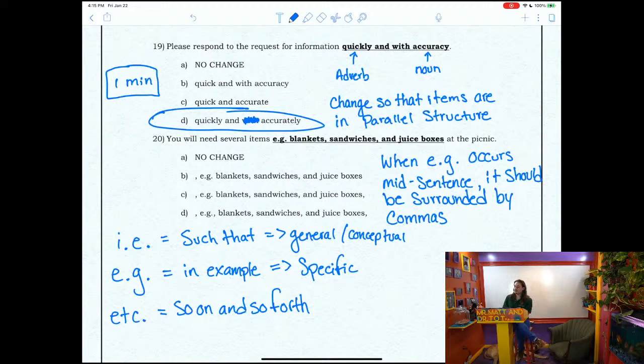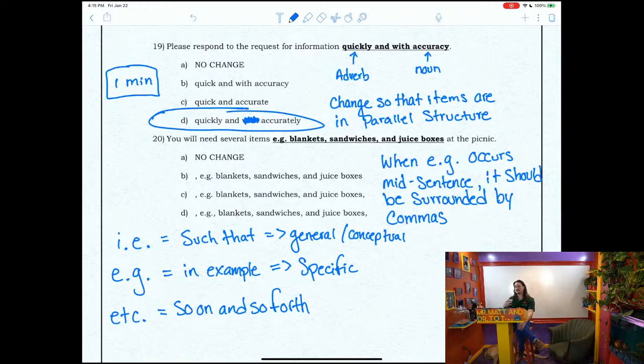For 20, we have this abbreviation, e.g. So I wrote down here the differences between i.e., e.g., and also etc., to define them for you. A lot of students think that i.e. means "in example." It doesn't. i.e. and e.g. are actually abbreviations of Latin phrases, and so i.e. does not stand for the English words "in example." e.g. actually means "for example."